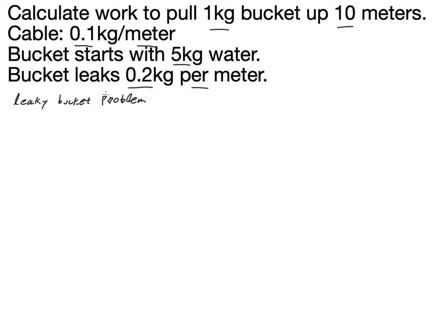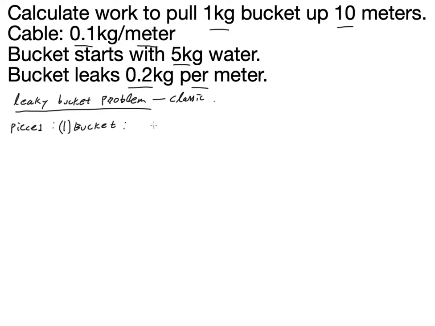I think this is a very classic work integral that's done in many calculus classes, so I think this is something that you've probably seen no matter where you are in the country. So again, we're going to break it down into the pieces. We have the bucket itself, and I'll call that number 1.